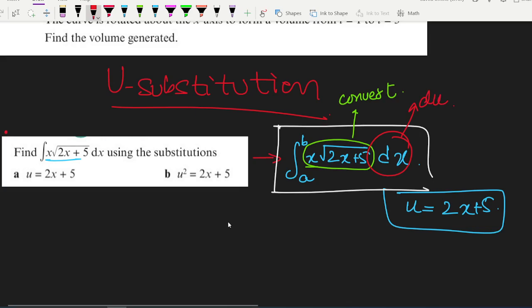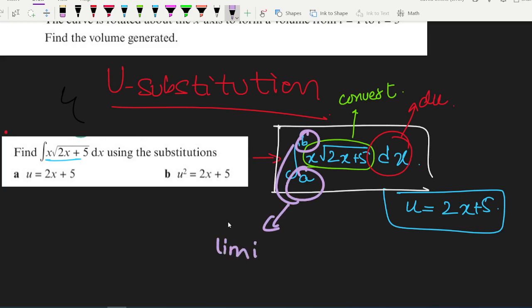And the third thing which you have to take care of are these limits. These are the limits of x. You have to convert them into limits of u.